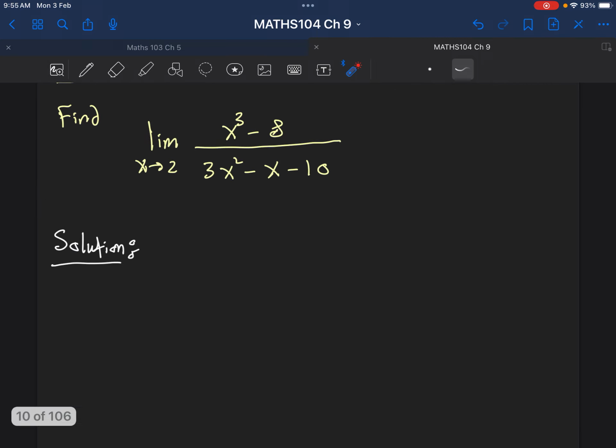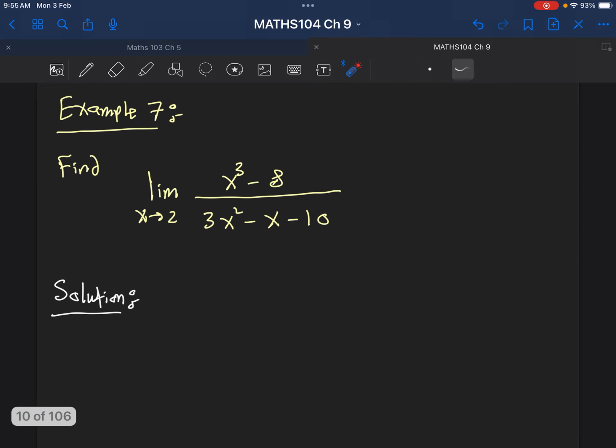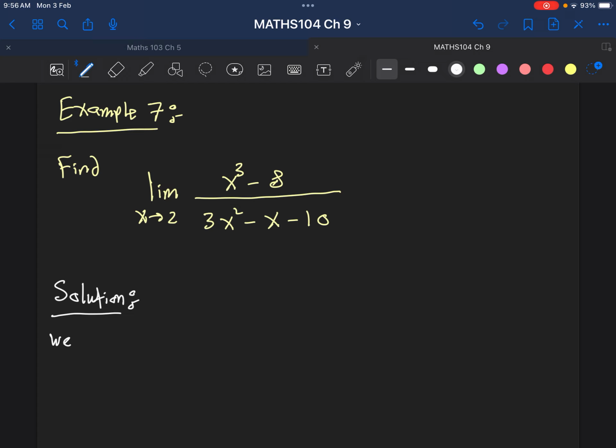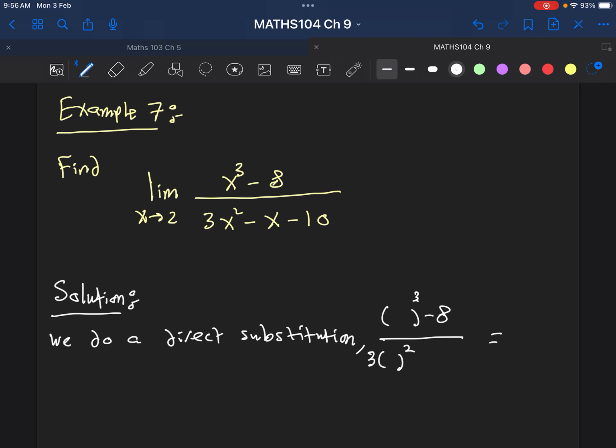We have this one. Well, again, we need to do direct substitution. So the first step, we do a direct substitution. Now, if I do direct substitution, every x I can see, I need to write 2 instead of it.